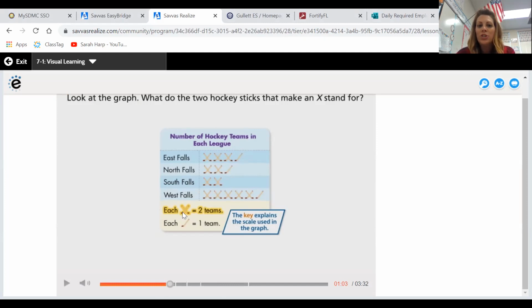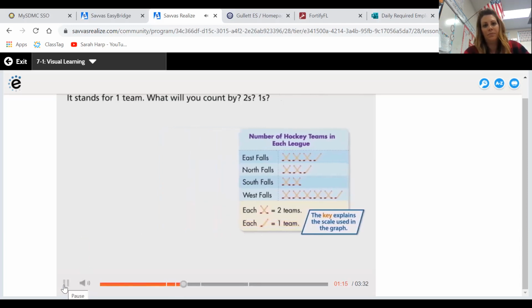So each two hockey sticks equals what? Two teams, right? They stand for two teams. What does a single hockey stick stand for? One, right? It stands for one team.